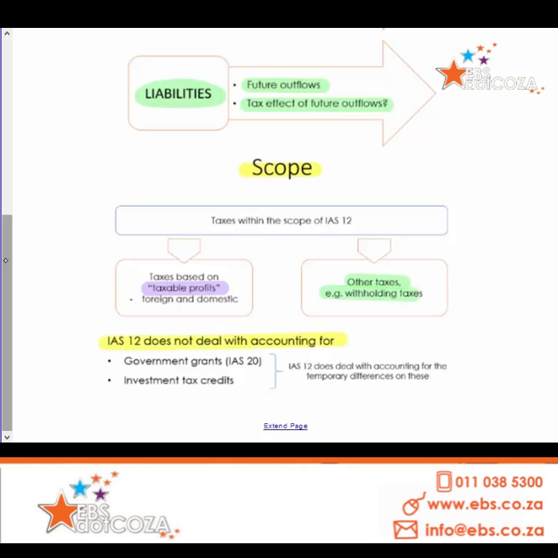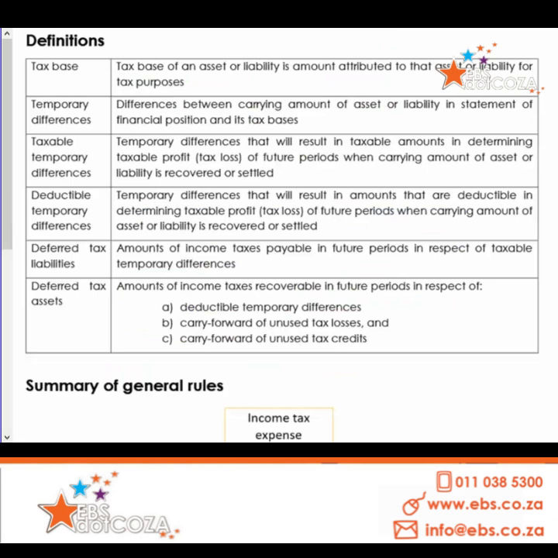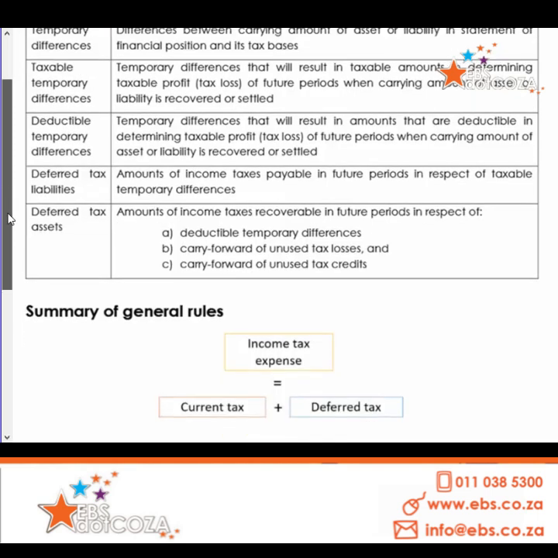IAS 12 does not deal with tax for government grants or investment tax credits, so that is not included in the scope of this module or this chapter for that matter. Here are some definitions. I'm not going to read them to you. You are going to read them all by yourself. Those definitions are there for you. If you are not understanding something, you can come back here and have a look at these definitions.